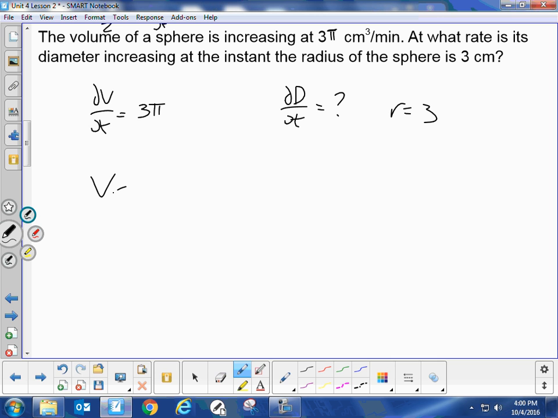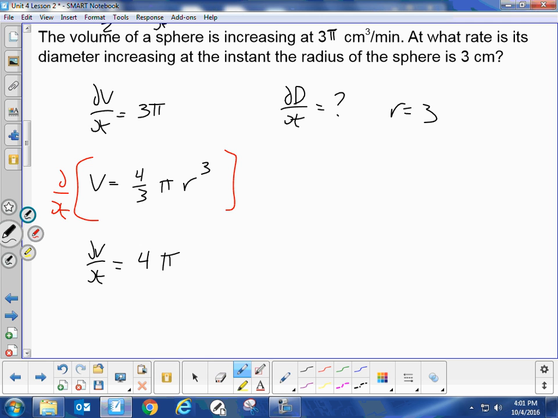Well, I'm just going to use the volume formula of a sphere, 4/3 pi r cubed, and I'll just have to understand that they're asking for dD/dt. Take the derivative, and I get dV/dt equals 4 pi r squared dr/dt.